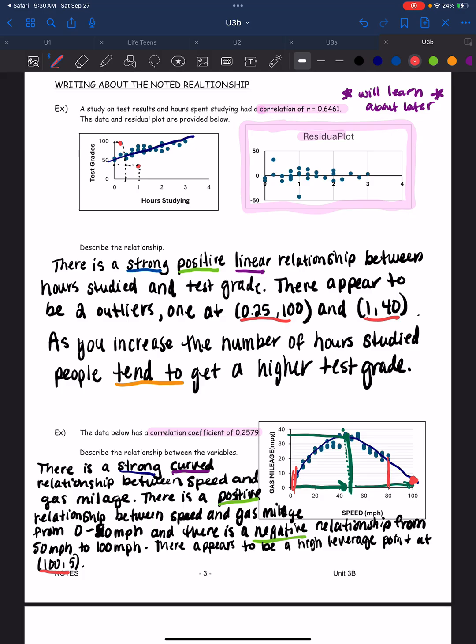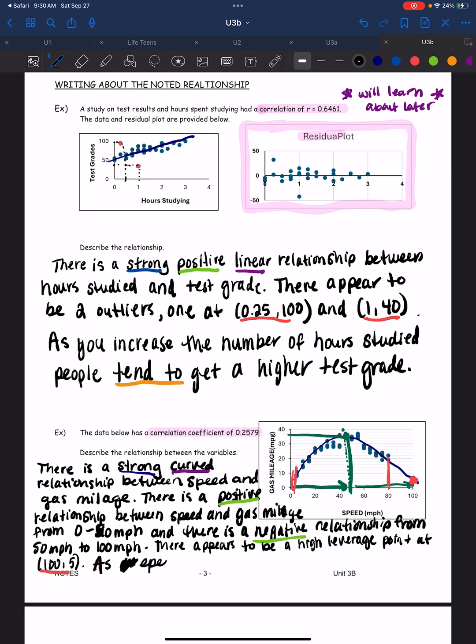So I would say, and this is what we already noticed, as speed increases, gas mileage tends to increase to a certain point, and then as speed further increases past 50, gas mileage tends to decrease.